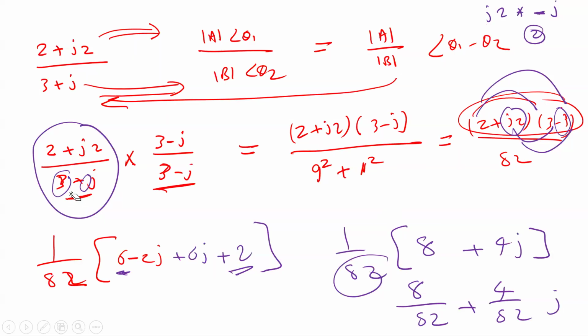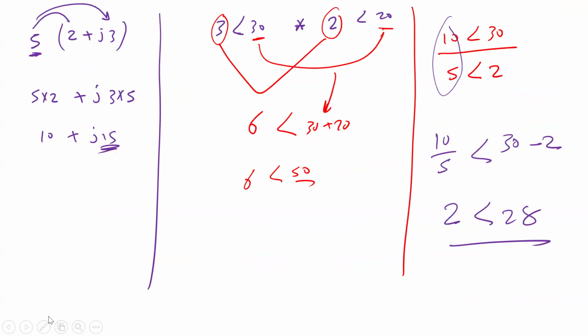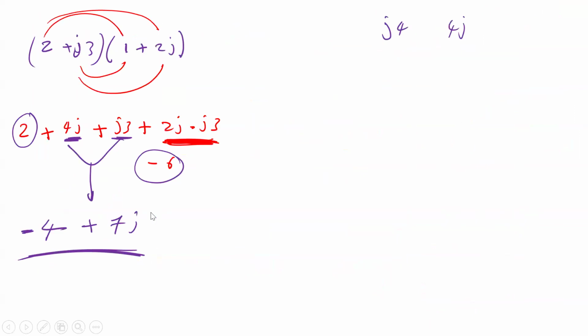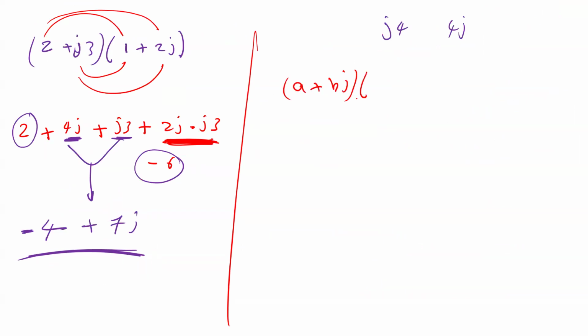If you have A plus Bj and you multiply by its conjugate, A minus Bj, the result is A squared plus B squared.